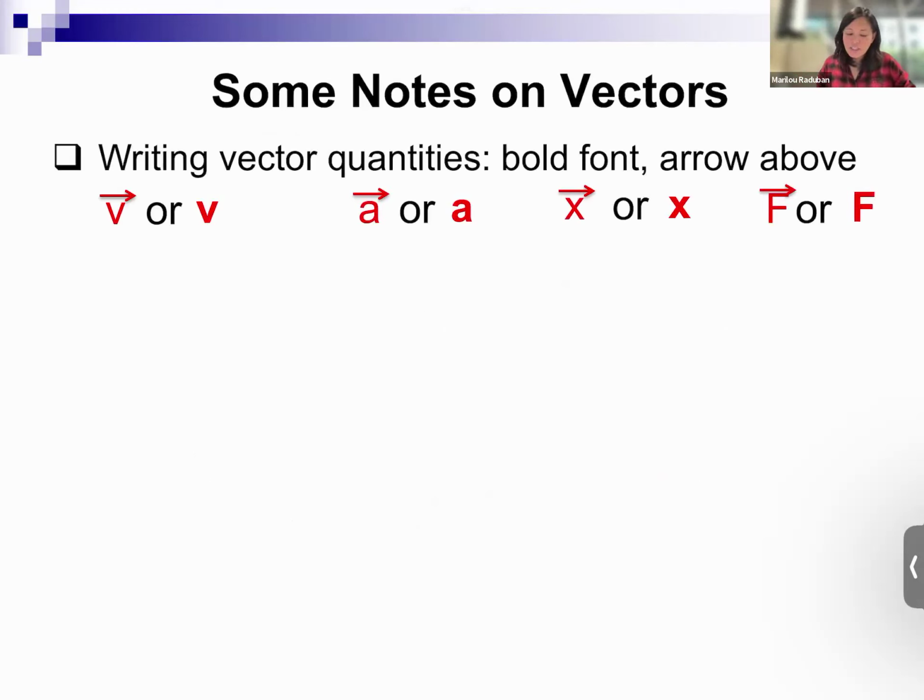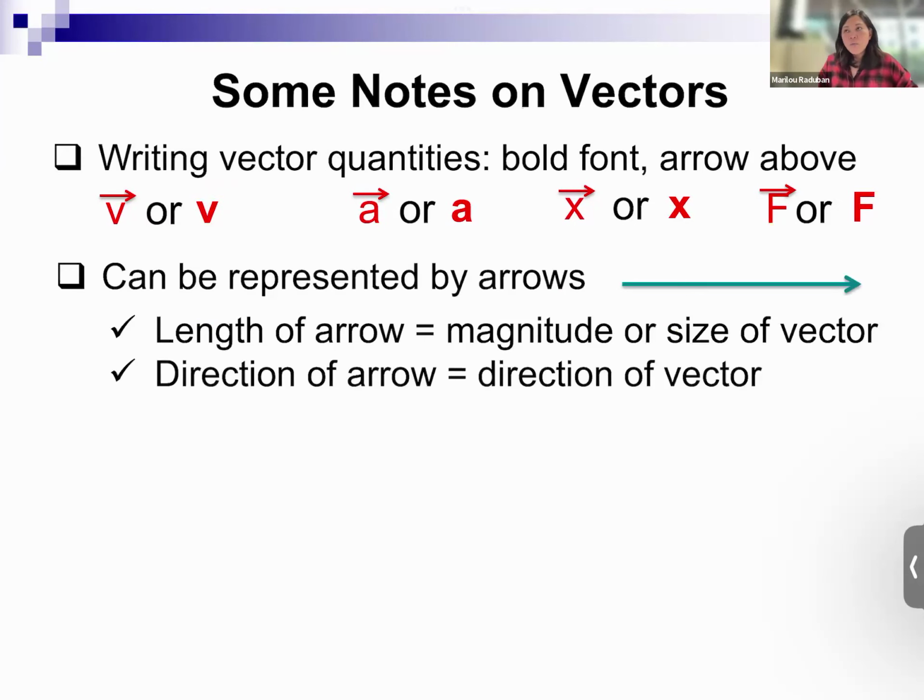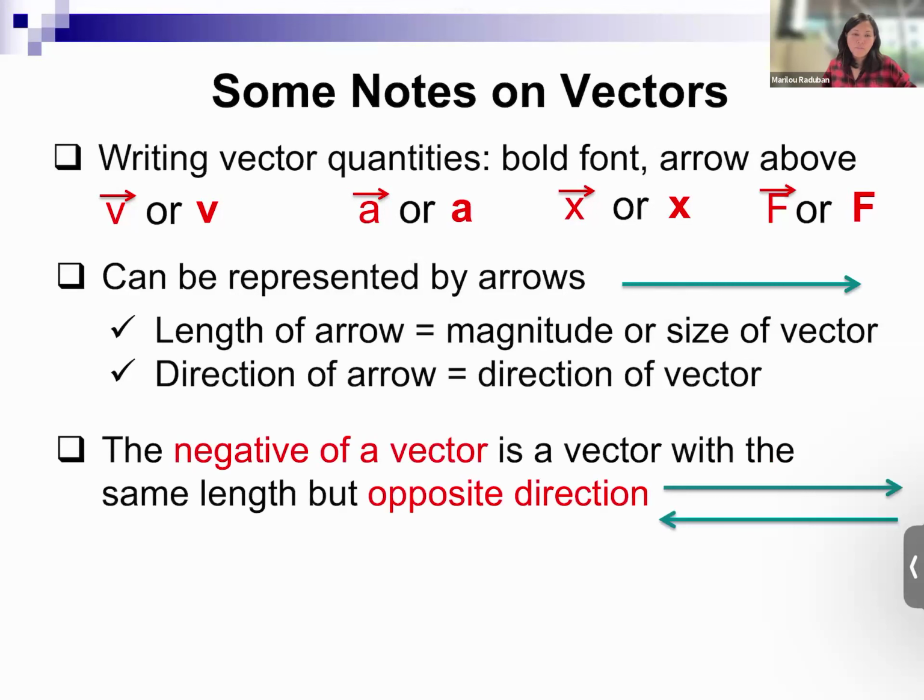Vectors are often represented in various ways. These are just some examples of how we write a vector. You'll know that it's a vector if it's bolded or there's an arrow on top. We can also represent vectors as arrows, where the length of the arrow is the size or magnitude, and the arrowhead points to the direction of the vector.